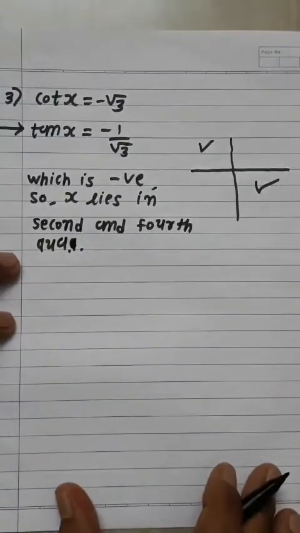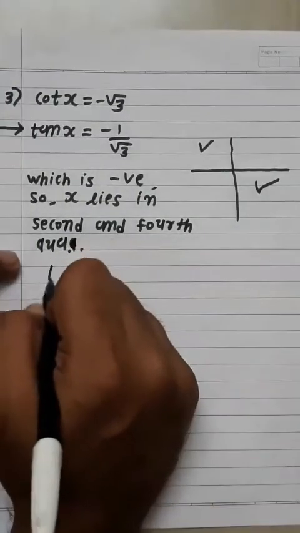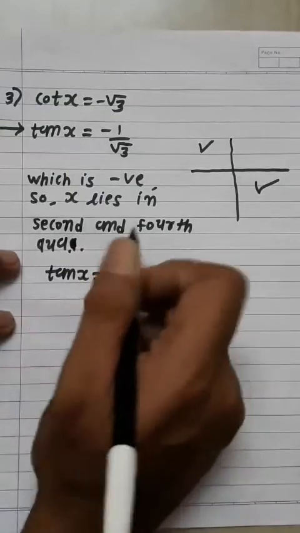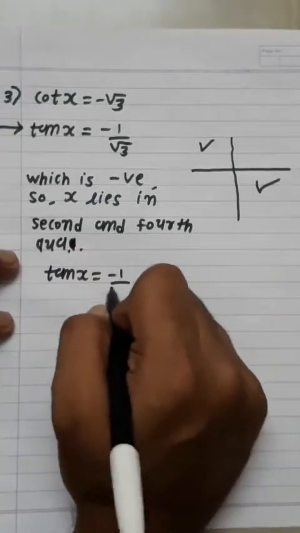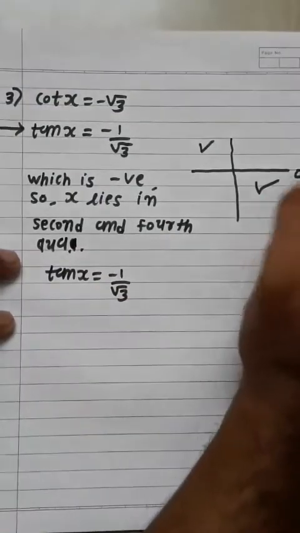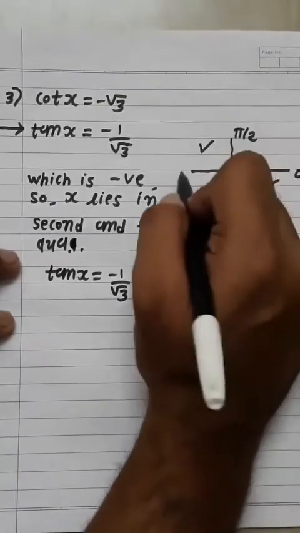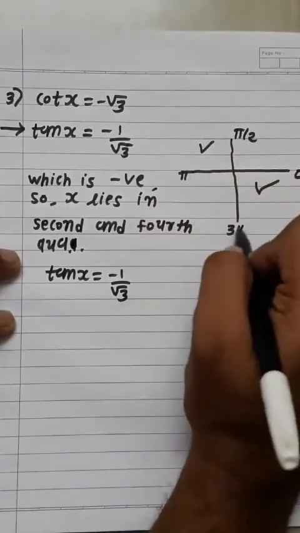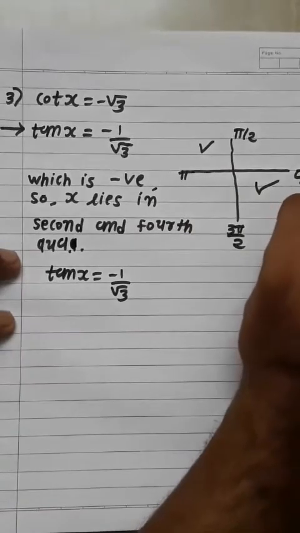Now, tan x is equal to minus 1 by under root 3. So we write 0, pi by 2, pi, 3 pi by 2 and then 2 pi.